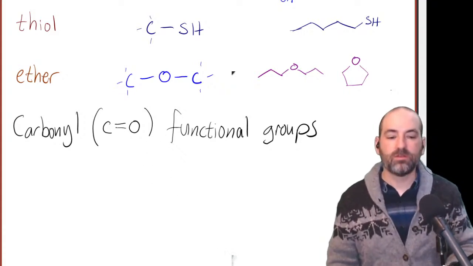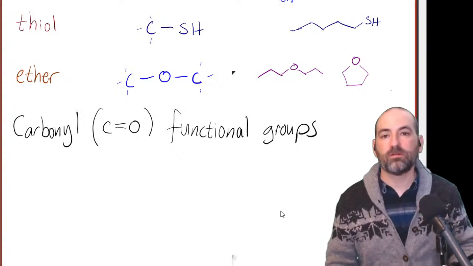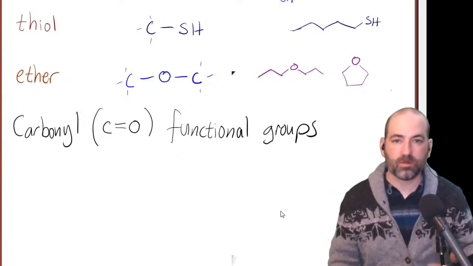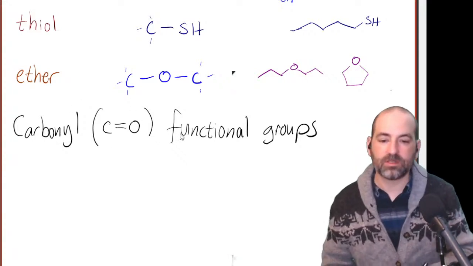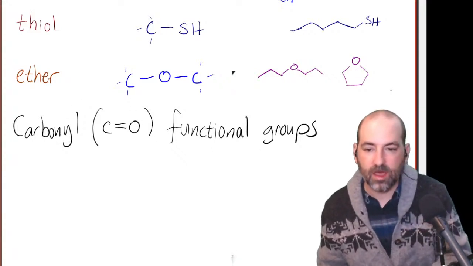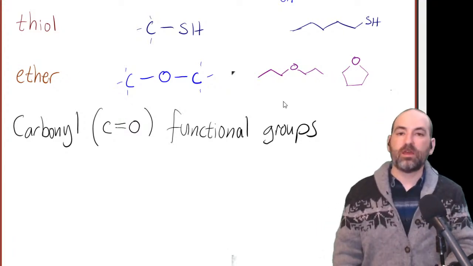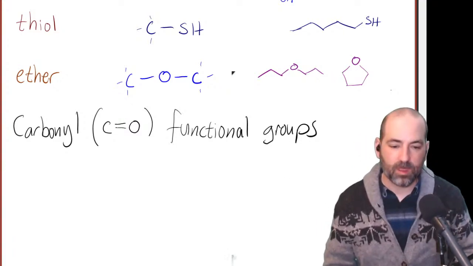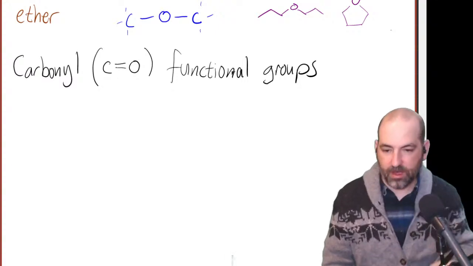We're also going to use this type of functionality when we look at all kinds of biological molecules, whether it's carbohydrates, lipids, proteins, all of those, nucleic acids. All of these are going to have carbonyl functionality like this. So these are sometimes the hardest ones to keep straight because they all seem really similar. So we're going to kind of start from the simplest ones and then build up from there.